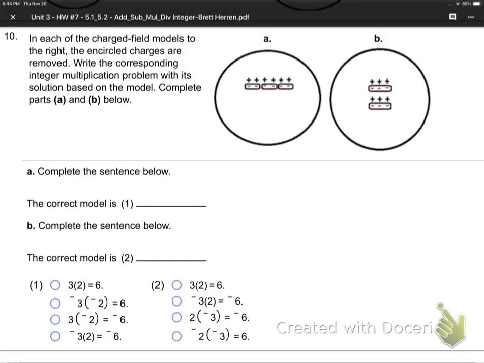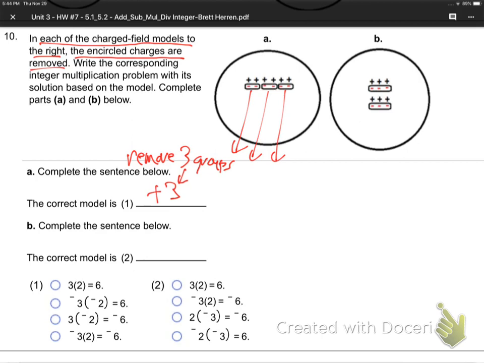Okay, so on this one, in each of the charge field models to the right, the encircled charges are removed. So we're removing those circled charges. So what does that show? That shows that removing 3 groups, right?